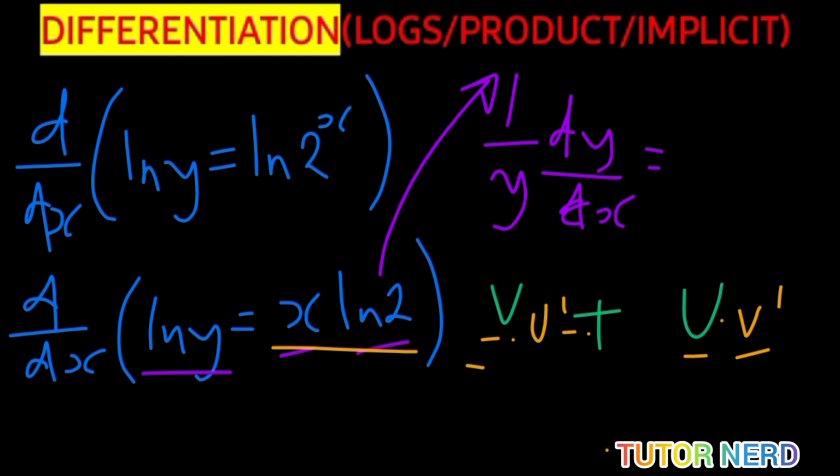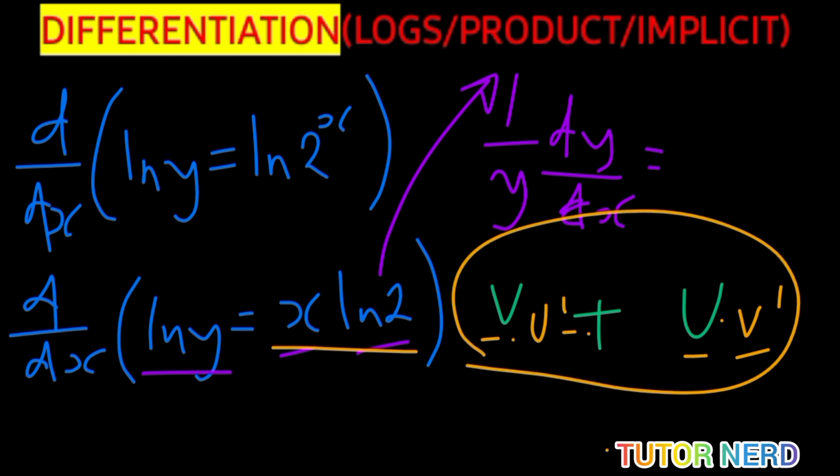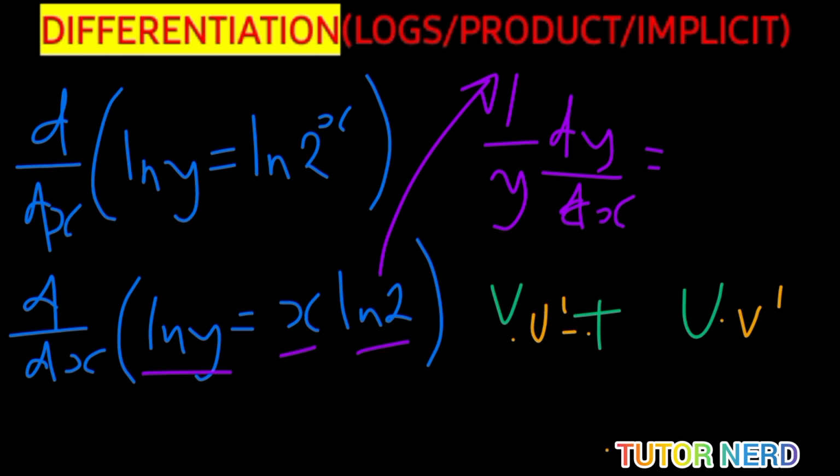Then after we do this, we take the answers and put them into the formula. This is just the formula for product differentiation. So let us solve it now using this formula: v u prime plus u v prime.